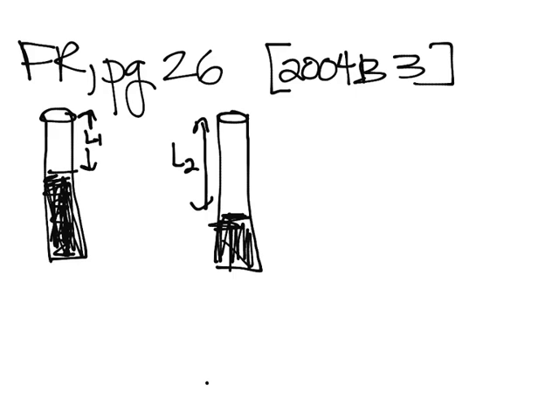So in this problem we have a vibrating tuning fork, much like the ones you've used in class, and we have a tube full of water. And there are two places, or two water levels, L1 and L2, where you are able to hear a resonance. So you put the tuning fork on top of these columns and you can hear a sound.